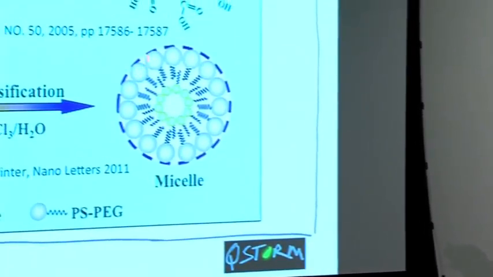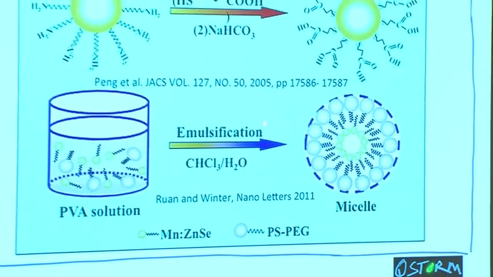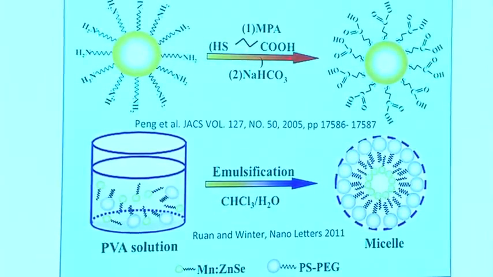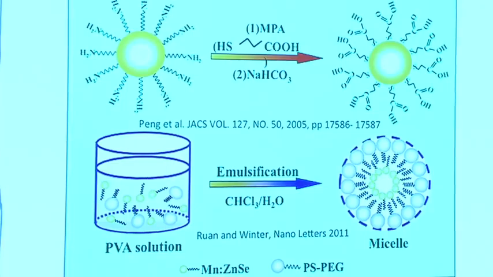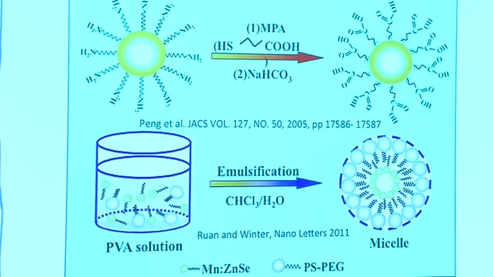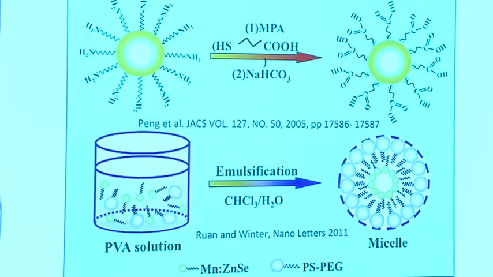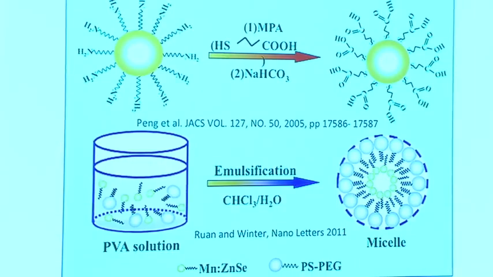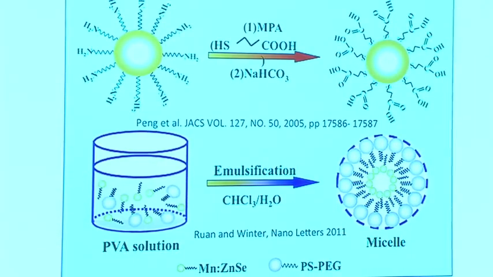Here we basically apply some kind of surface active agents. We either directly replace the original hydrophobic ligands on the quantum dot with a new ligand which has lower surface tension, or we apply a so-called micelle template to assemble several quantum dots into a new nanoparticle.